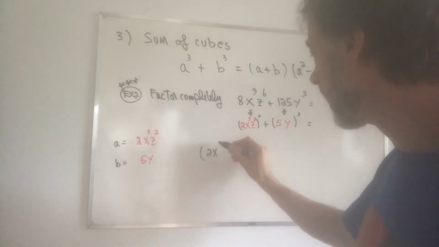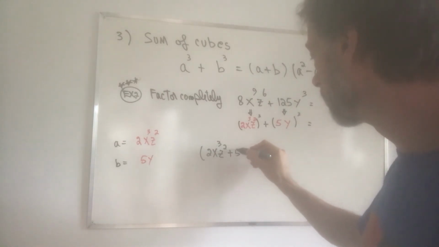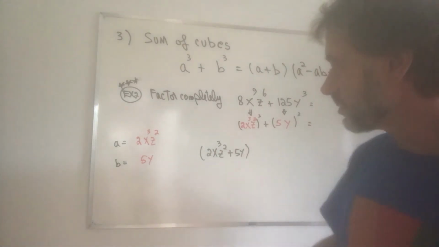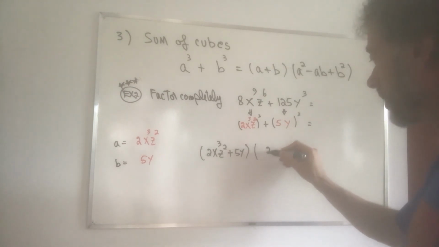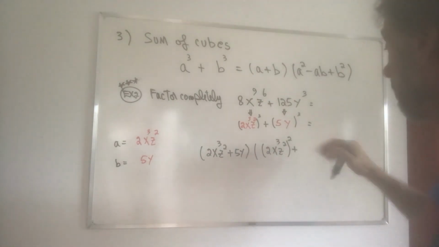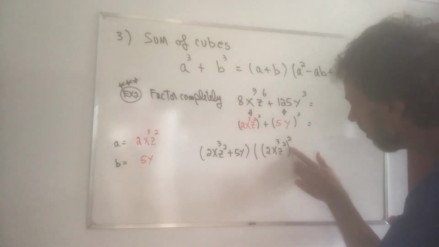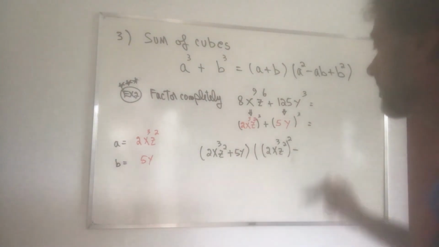So 2x^3z^2 plus 5y, that's a plus b, times a squared, so this ugly thing squared, oh, minus, sorry, I was going to put a plus here, but I would be wrong because it's not a plus, it's a minus.